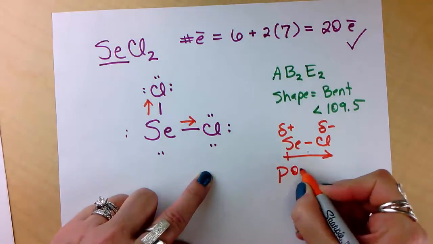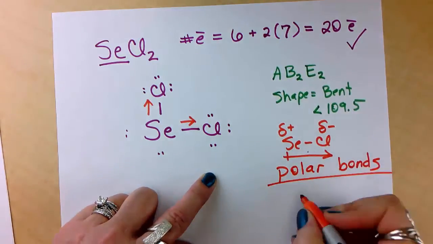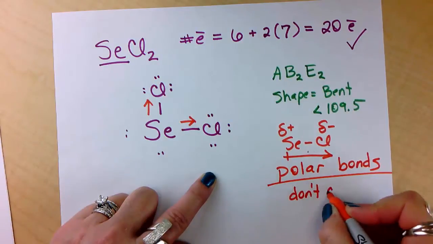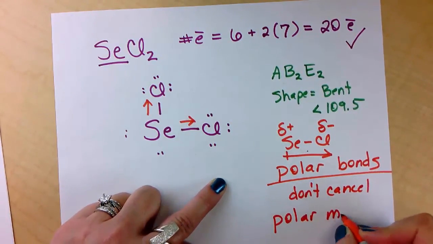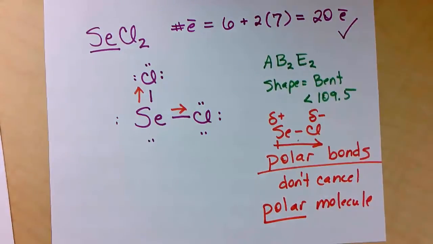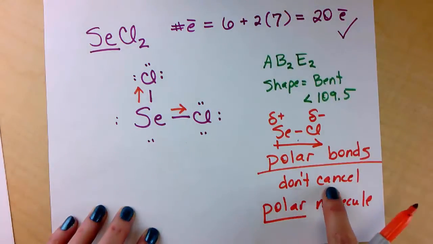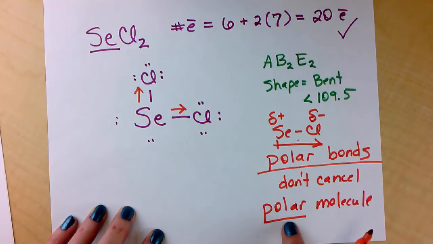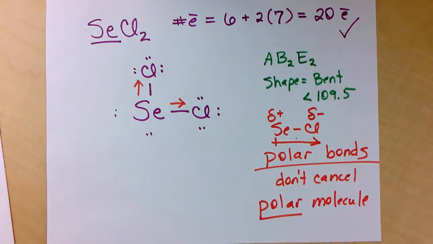So, while we have polar bonds, the polar bonds don't cancel, which means the molecule is still polar. It is a polar molecule as well. It is not symmetrical, so the bonds don't cancel, meaning it's still polar. So this molecule still has a negative side and a positive side. It's a polar molecule because the polar bonds do not cancel out.